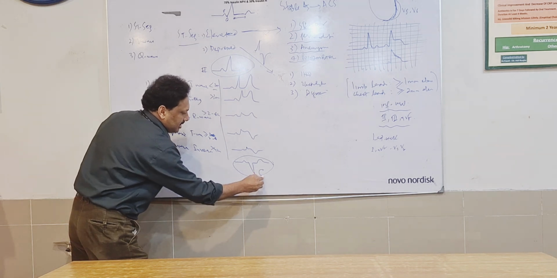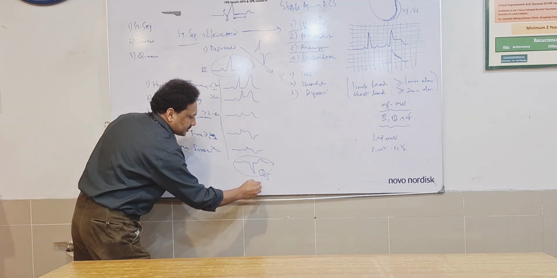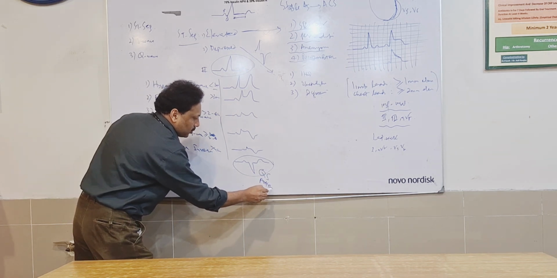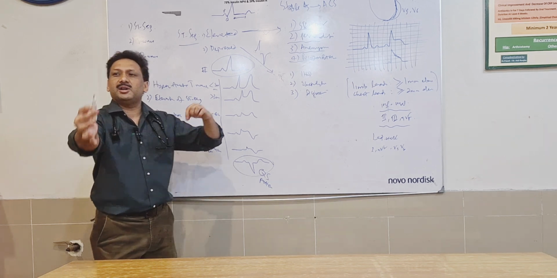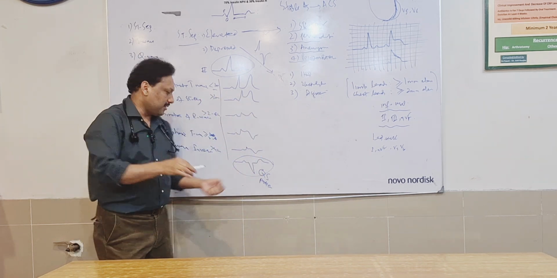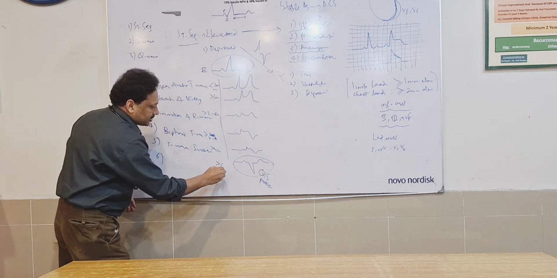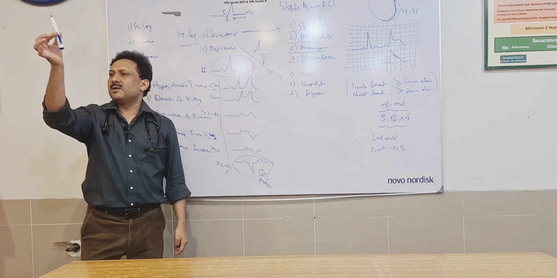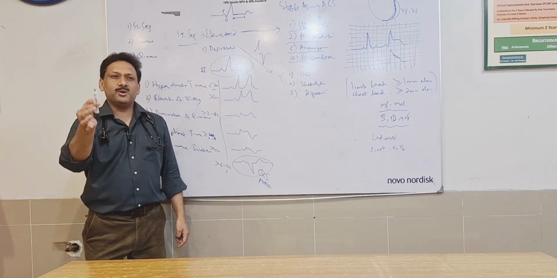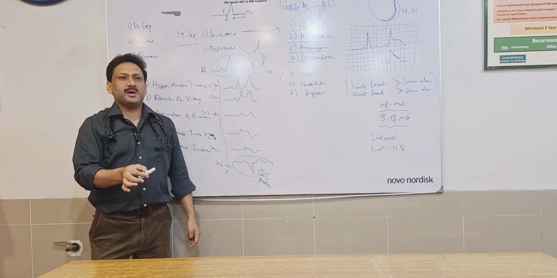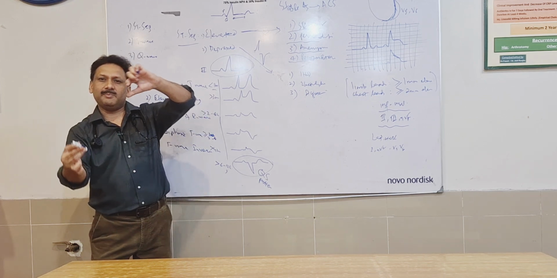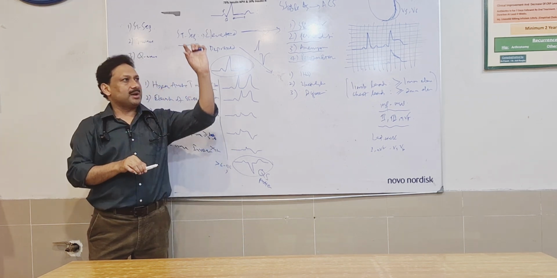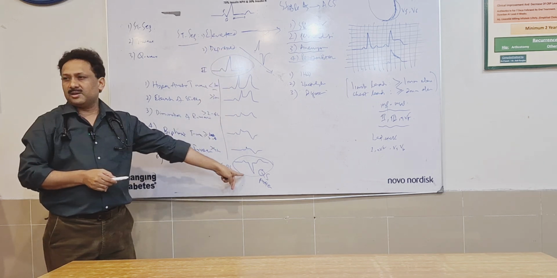So a person with QS pattern had myocardial infarction in the past, or more than 6 to 12 hours have passed, a person would be developing a Q wave. A window has been formed, the wall of the heart has been damaged, the current will be exactly opposite. So on ECG waveform, you will be seeing a Q wave.